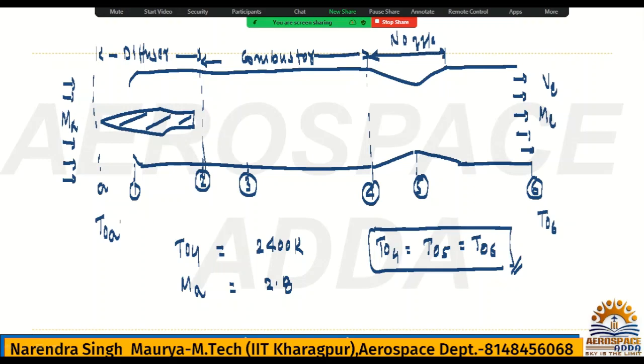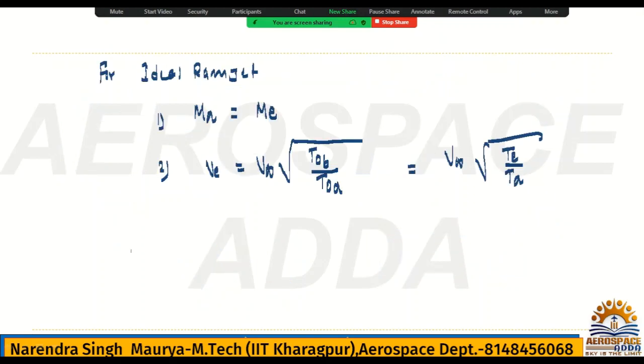What is T naught A? We can calculate T naught A, because the Mach number they have given to us. If the Mach number is given, then definitely we can get that value. Now the relation we can write here: MA is equal to ME.